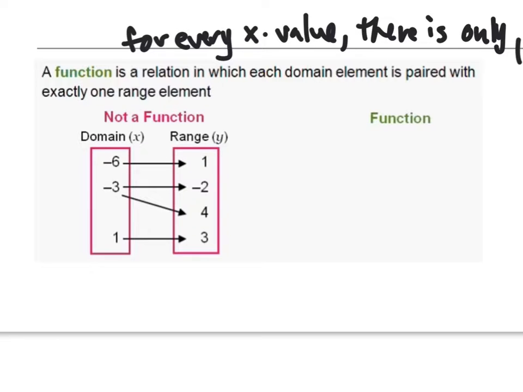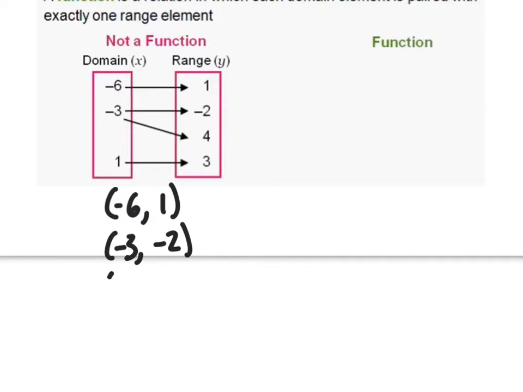But if I write these as ordered pairs, like negative 6, comma 1, because negative 6 corresponds with 1, and then if I said negative 3 corresponds with negative 2, I write that point down. And then if I say negative 3 also corresponds with 4, you guys seeing a problem with that? Maybe. And then 1 corresponds with 3.